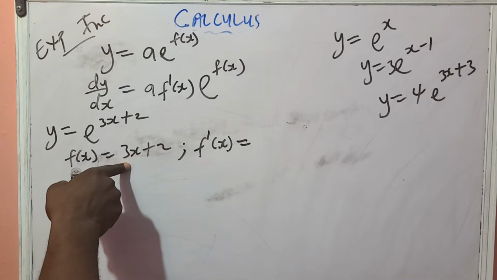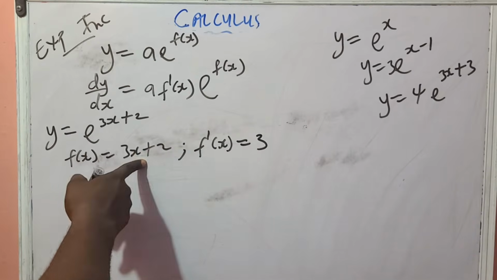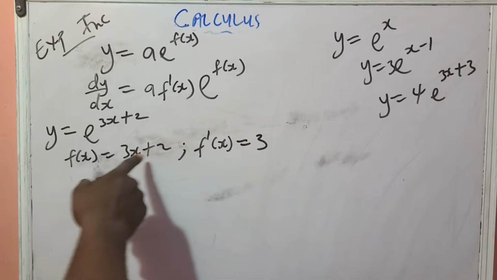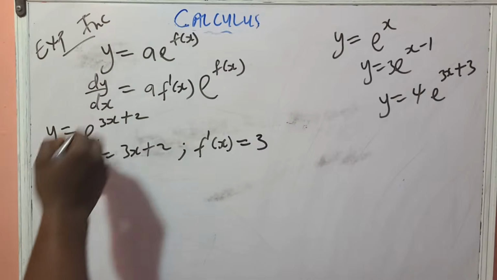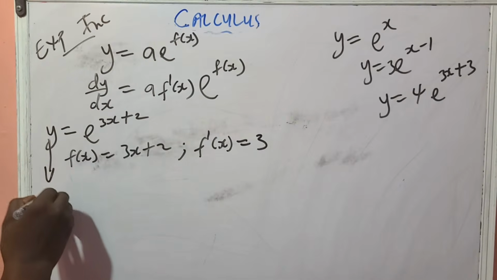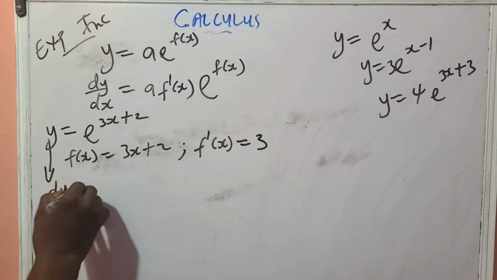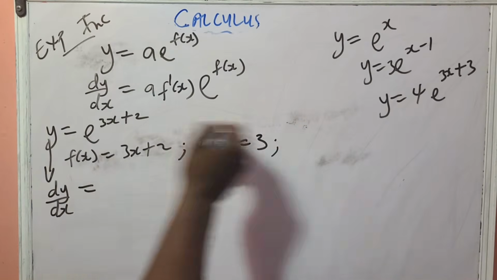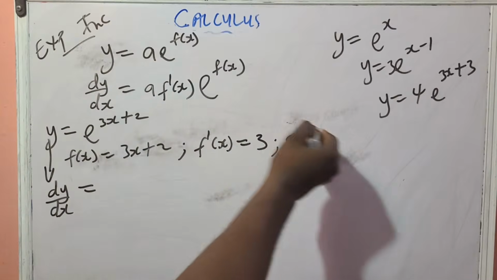If you differentiate this, what do you get? Of course, I'm sure you all know the differentiation for that is 3. We just did that, right? This is a polynomial function. So the differentiation of 3x plus 2 is 3. Good. So what's going to be my answer for this function's derivative? dy over dx is the same thing as, what's my a here? My a here, which is the coefficient of e, is 1.